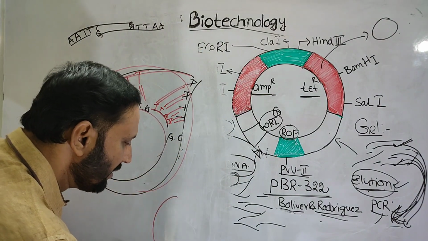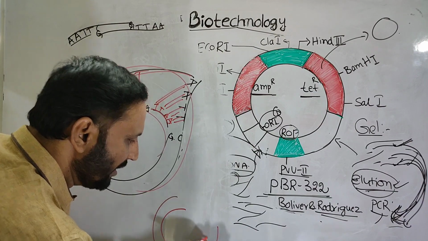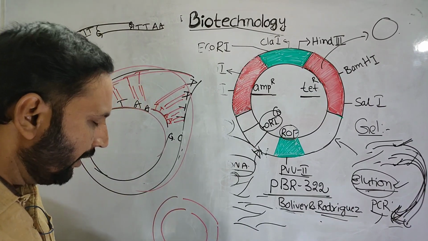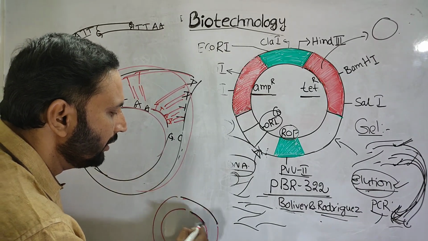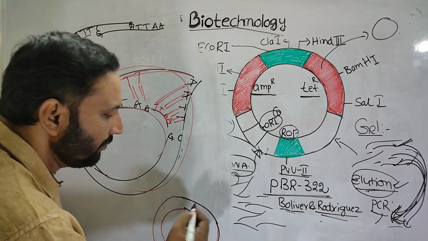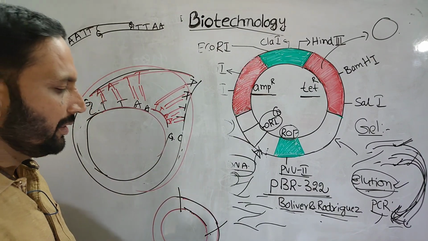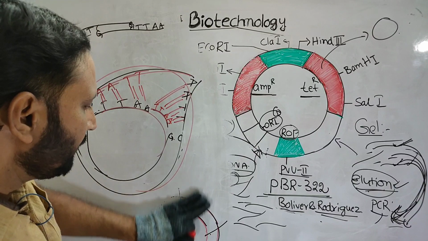So now this is the vector and this is the foreign DNA, and finally a recombinant DNA is formed. So look at here.